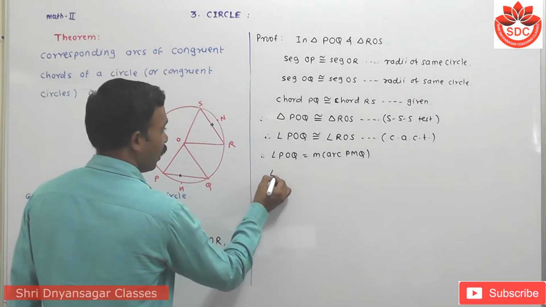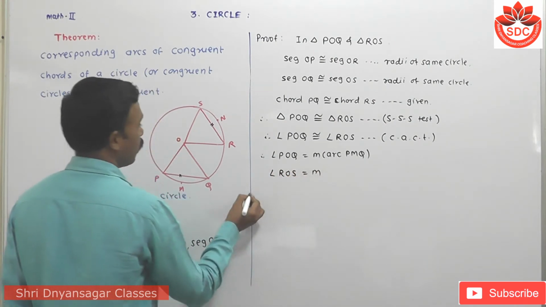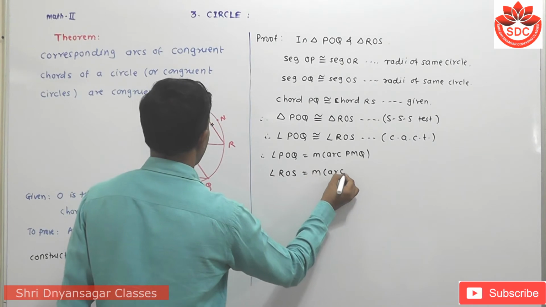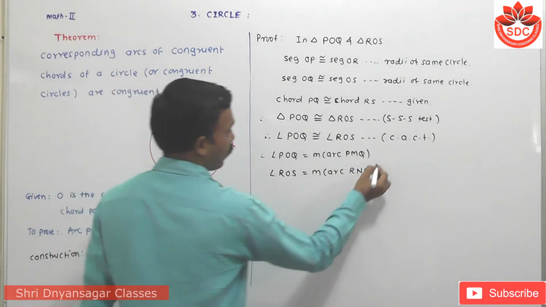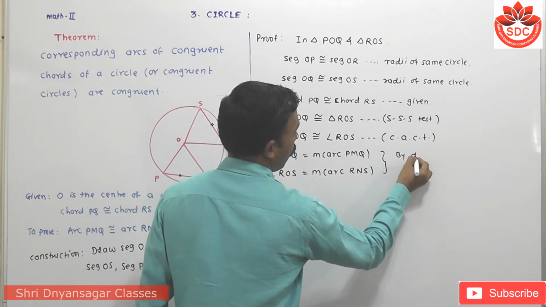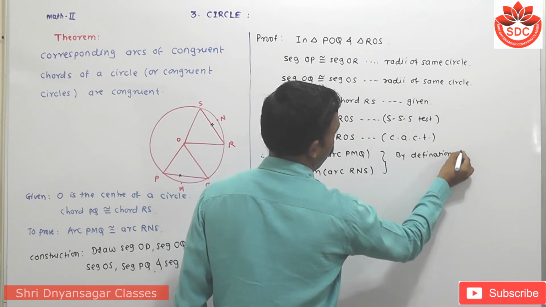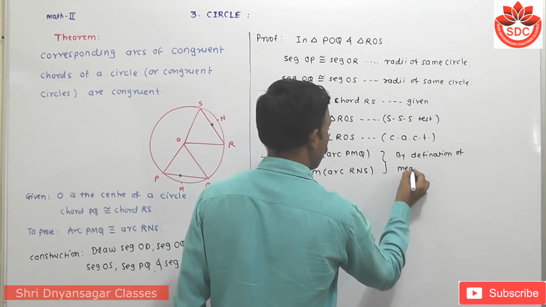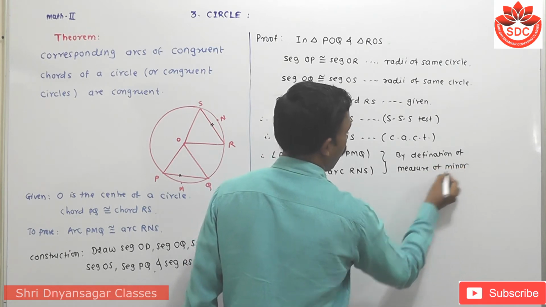Then this angle ROS is also equal to measure of arc RNS. The reason is by definition of measure of minor arc.